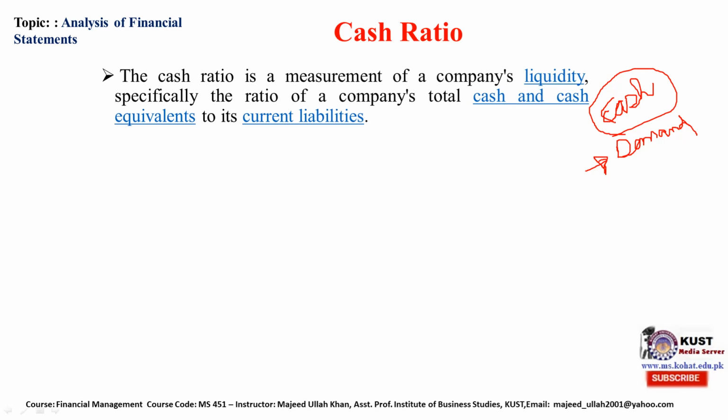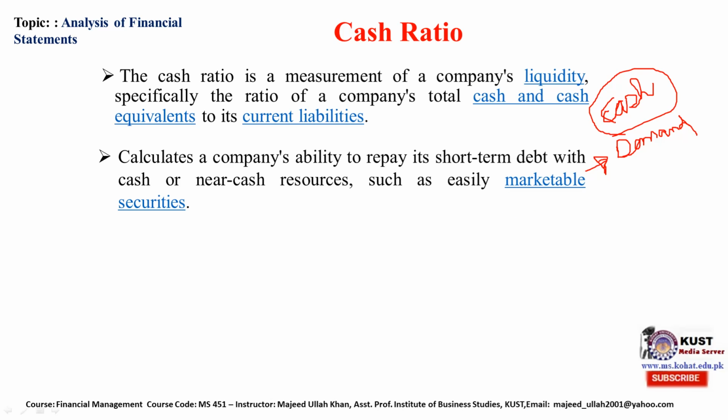Although it is very impossible, it has very low probability that all suppliers, all employees will claim their money at once. But again, this cash ratio shows how much most liquid asset, that is cash, the company has to pay its short-term obligations. It calculates the company's ability to repay its short-term obligations with cash or near-cash resources, such as easily marketable securities.